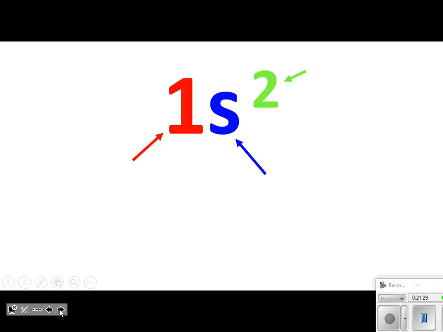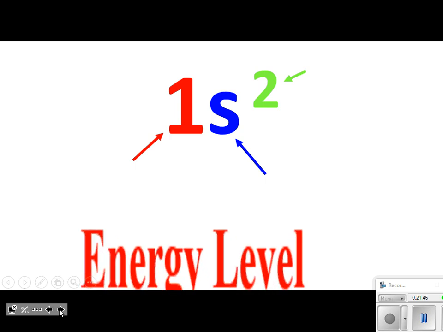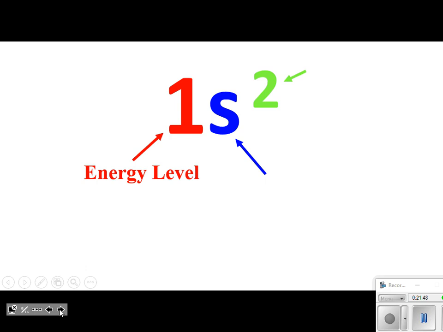When we start writing the actual electron configurations, we're going to write stuff like up here on the board: 1s to the 2 power. Well, what does that represent? In the red right here, the 1 is the energy level, so this is main energy level 1. This is the sublevel in the blue.